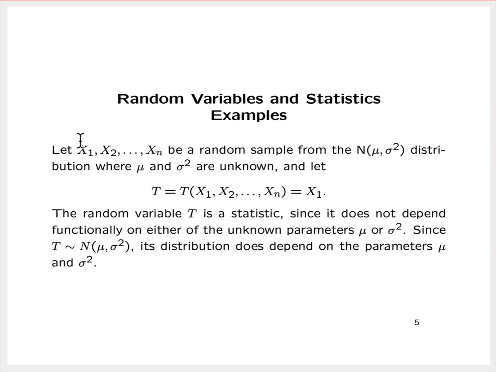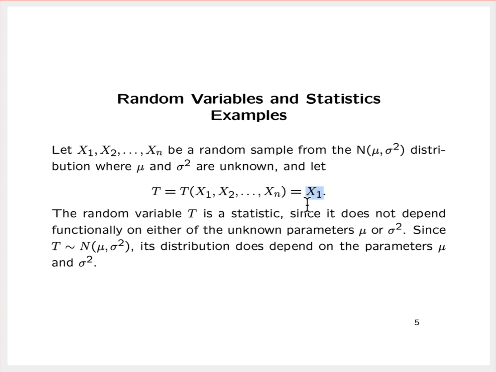For example, let x1 through xn be a random sample from a normal distribution that has a mean of mu and a variance of sigma squared. Let's assume here that both mu and sigma squared are unknown. We have a random sample from a normal distribution, but we don't know the mean or the variance. Now, as a very simple example, let's define a function on the random sample by returning the first value that we got.